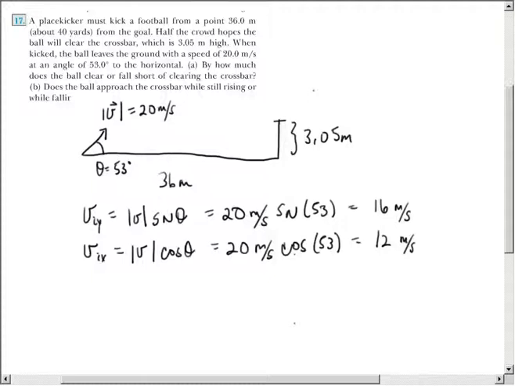The second method is to use the horizontal component and calculate how long it takes the particle to travel 36 meters at constant velocity. Which method do you think will get you to the answer quicker? Pause the video and decide which one you're going to use.